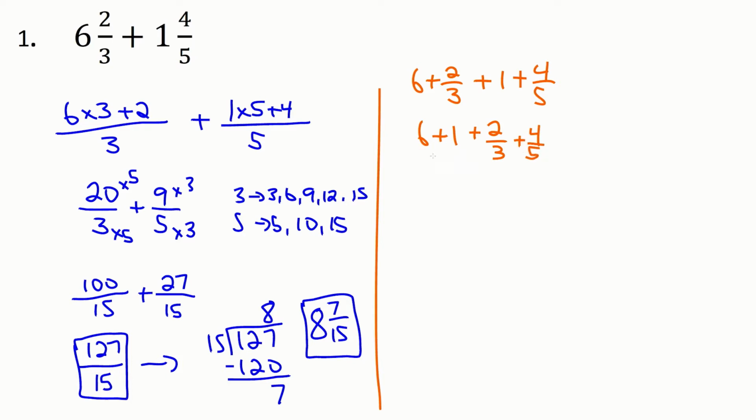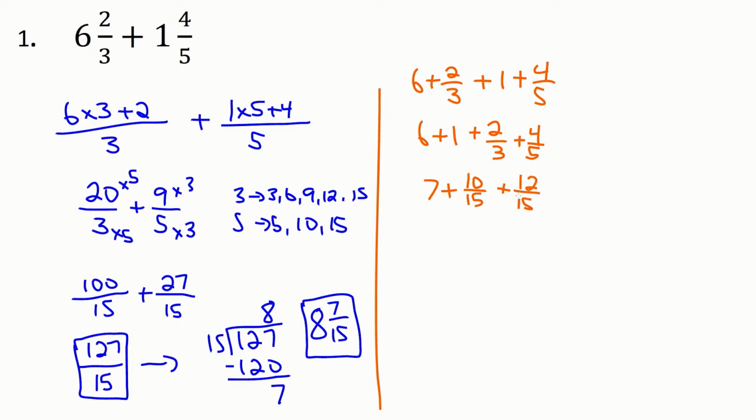So we can collect all the whole numbers. That's going to be a 7. And then we can add our fractions separately. So we still need the common denominator of 15. So this is over 15 plus this one over 15. 3 times 5 is 15, 2 times 5 is 10, and then 5 times 3 is 15, 4 times 3 is 12.